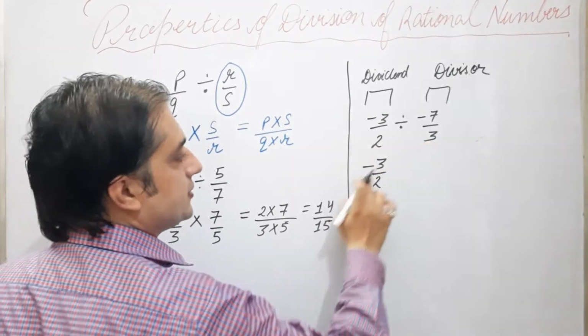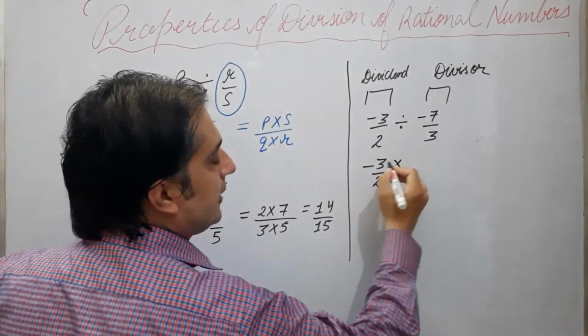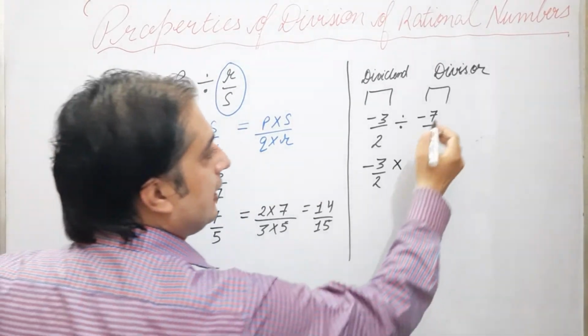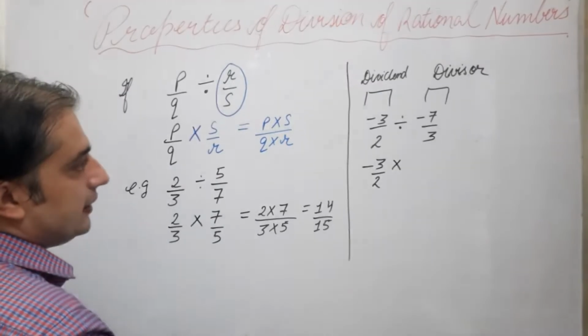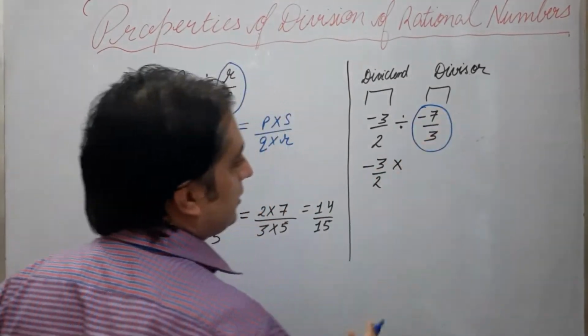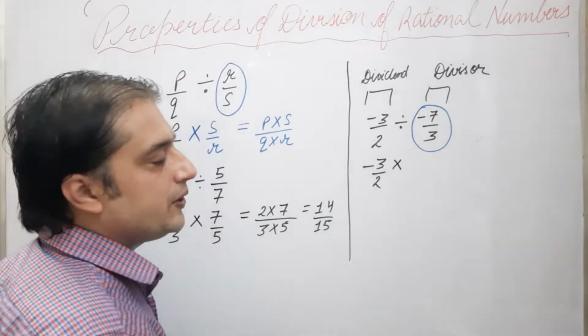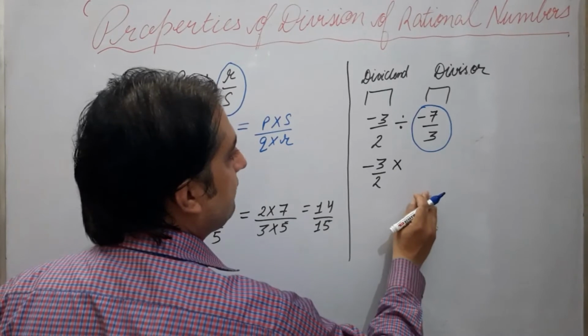Both are rational numbers. So you take the dividend as it is and multiply it with the multiplicative inverse of the divisor. For the multiplicative inverse, just interchange the positions of numerator and denominator. What is the multiplicative inverse of minus 7 upon 3?